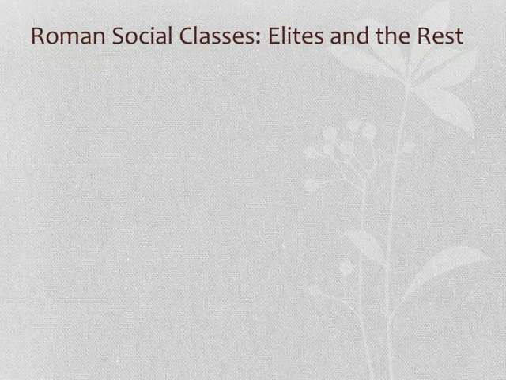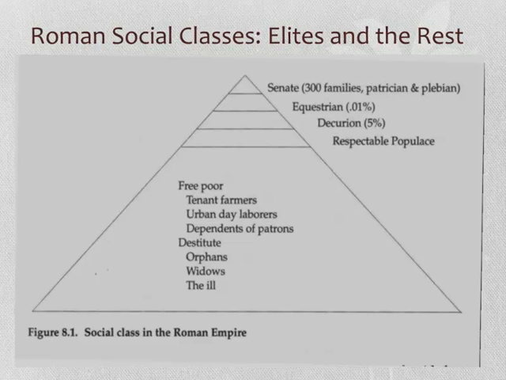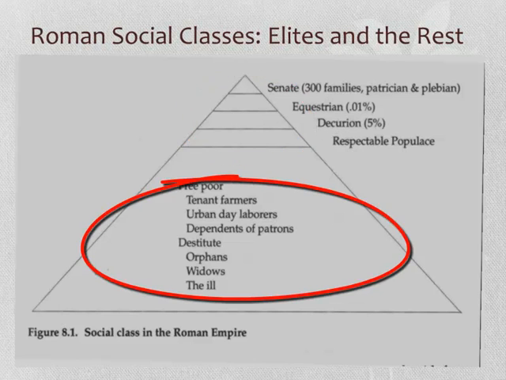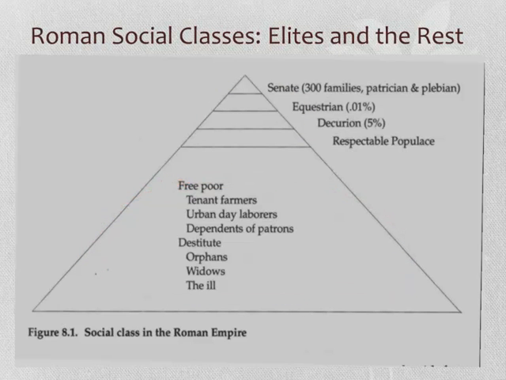This can be broken down into 2 large categories, the elites and the rest. You'll notice that this diagram is presented to you as a pyramid. The elites are in the very top of the pyramid and the rest take up the large swath at the bottom. Roman social classes had a few small elite groups that formed the very top of the social pyramid. The Senate and the senatorial families, really just a very small group, the equestrian classes in Rome.